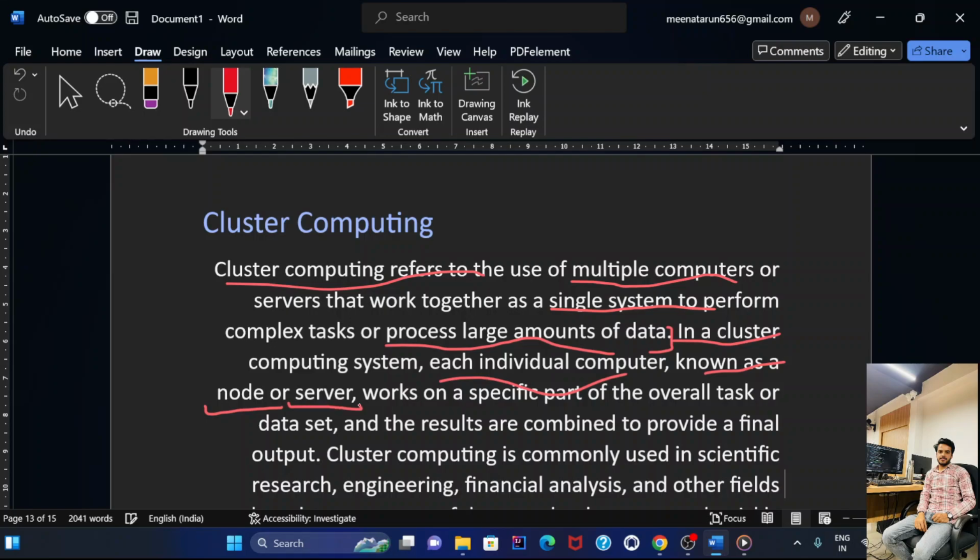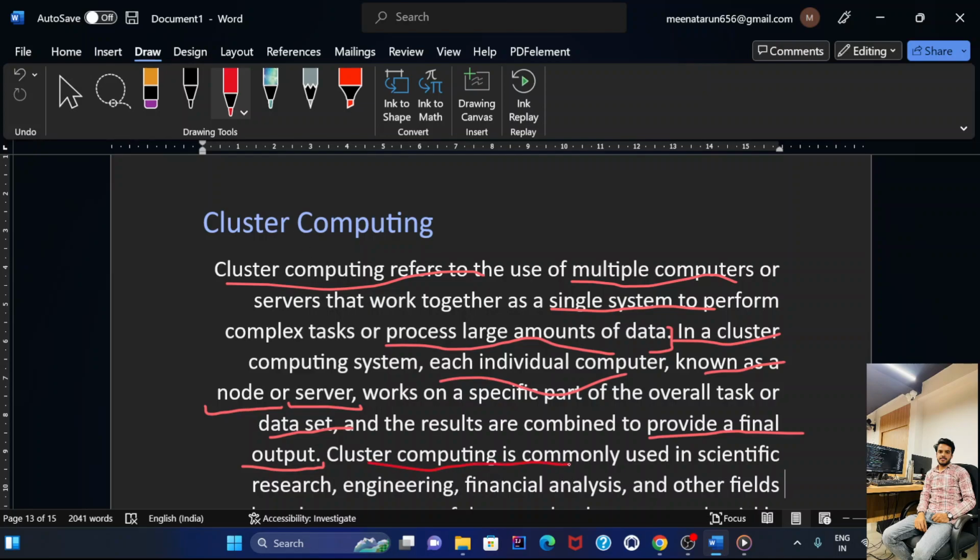Each individual computer is connected to the others, and these nodes or servers work on a specific part of the overall task or dataset, and the results are combined to provide the final result. They work on huge or big problems, and the results of all the individual computers are combined to form a single final result.